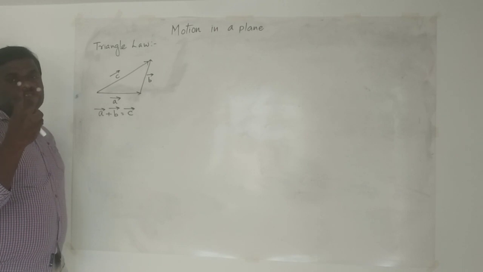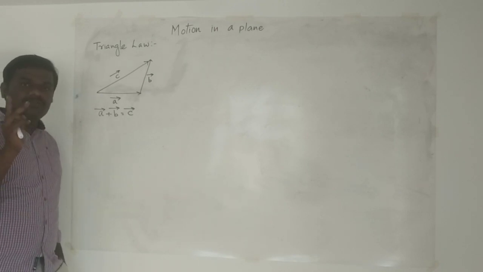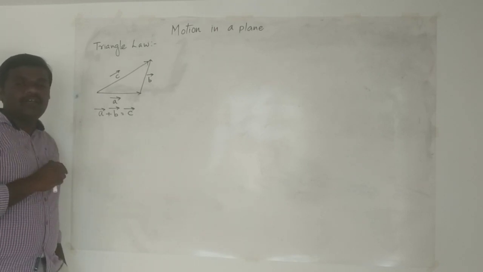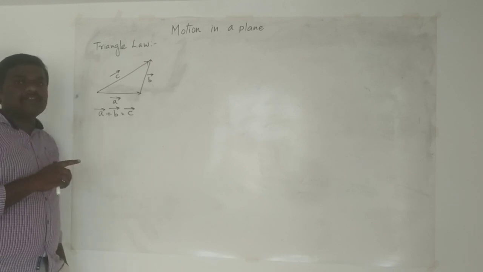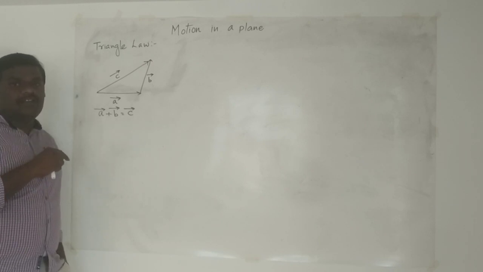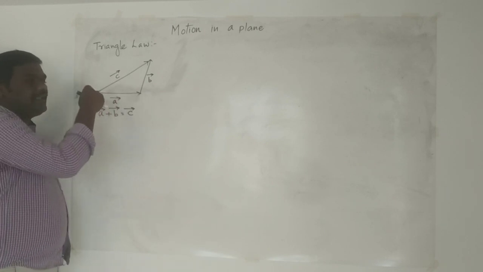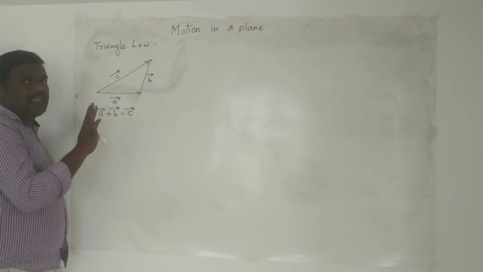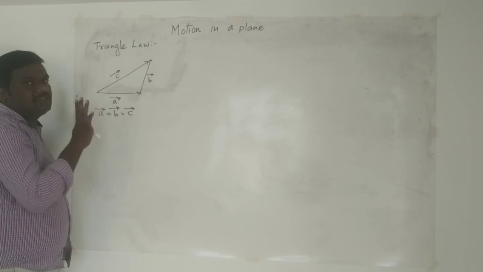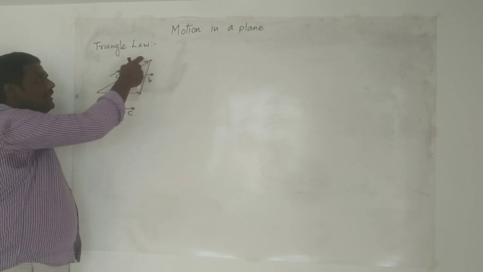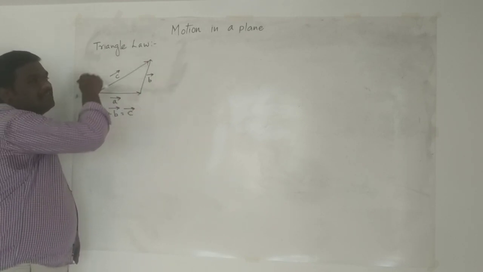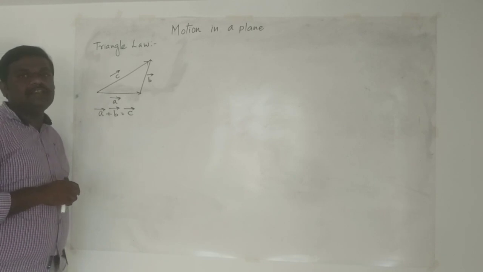Means if you take two sides as two individual vectors taken in order, the third side will give the addition of the two vectors, in which order? Reverse order. See here, the order is taken in reverse only to indicate that it is the actual resultant. But if you take one more vector in the same direction, then you are unable to find the resultant.